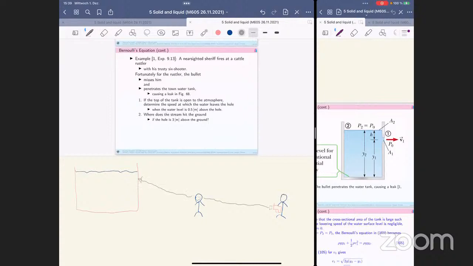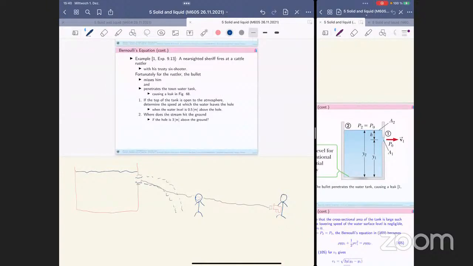It just hit the water tank, and this caused a water hole like that. So the water is going to get out of this hole, and the water will flow in projectile motion.